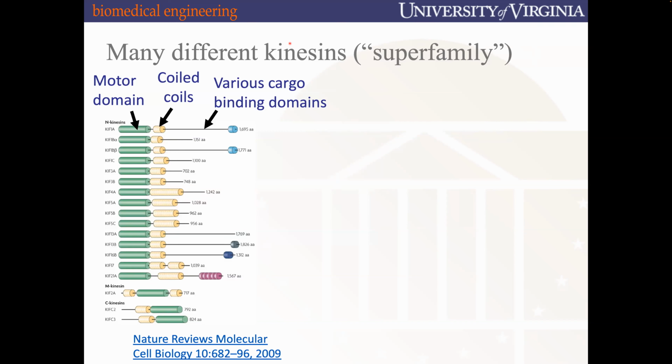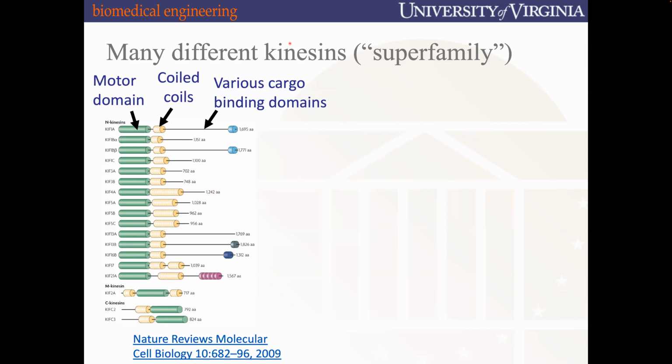Exactly. Yeah, cargo is anything that's being transported. And we'll talk about some of those different cargos more specifically. And so for kinesins in particular, the cargo binding domain, because it is a part of the protein, is inherent to the primary structure or the amino acid sequence of that protein.